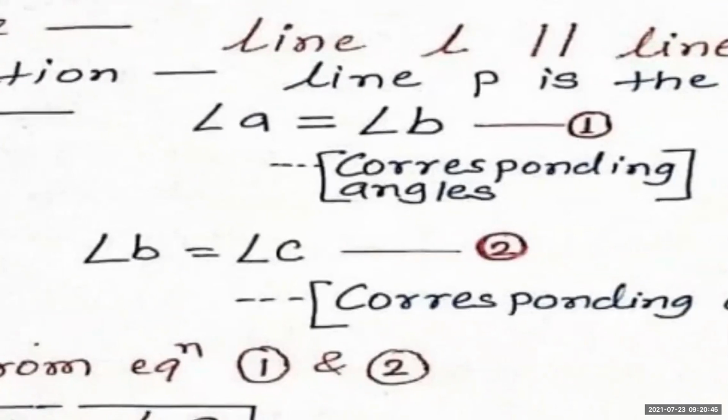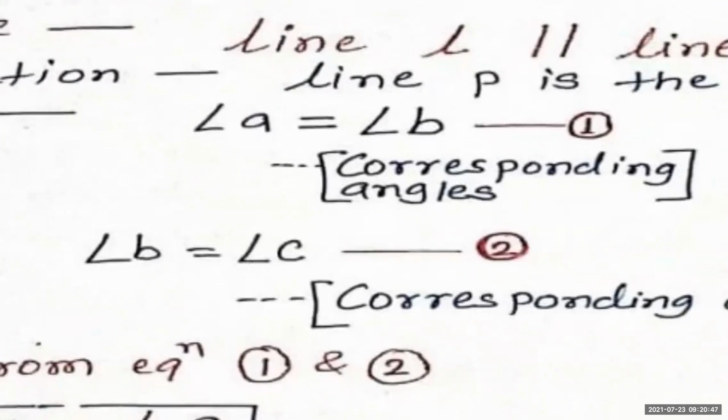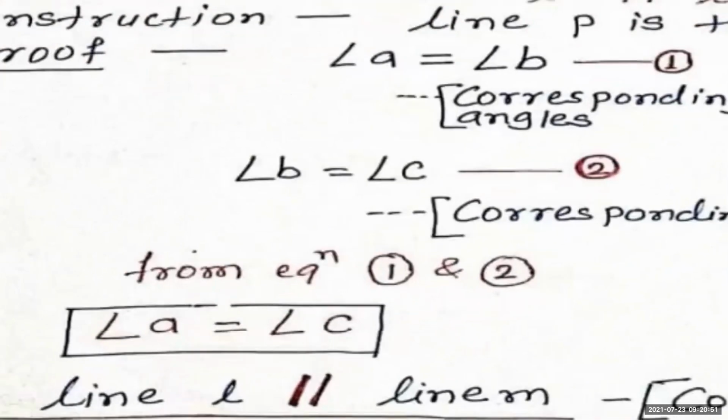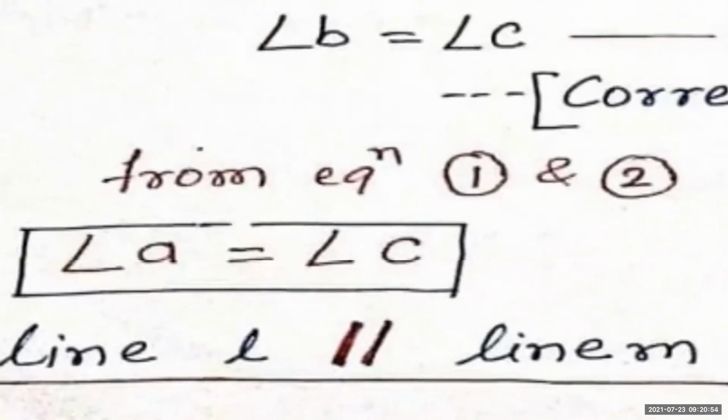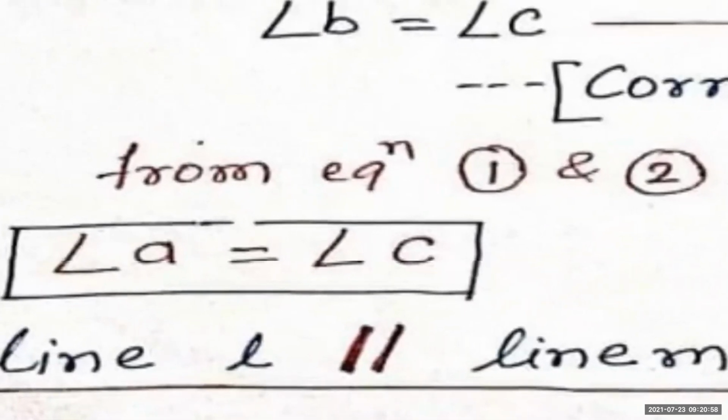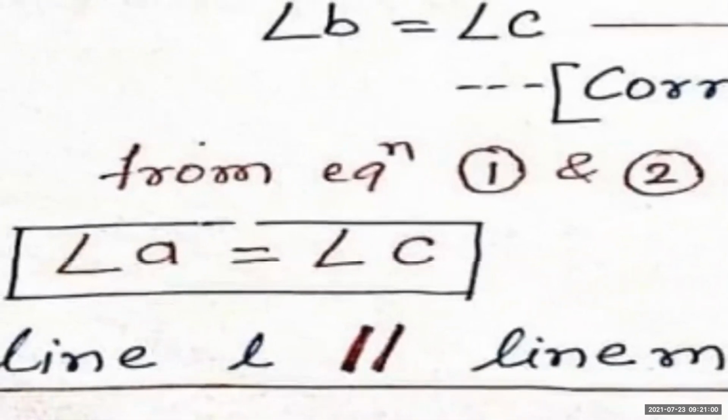Okay, so angle A and angle C, those are also equal. See here, from equation 1 and 2, we can say that angle A equals angle C.